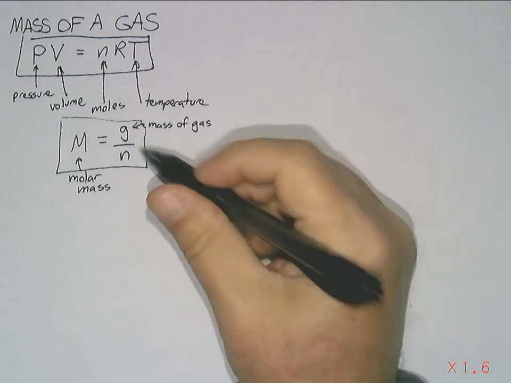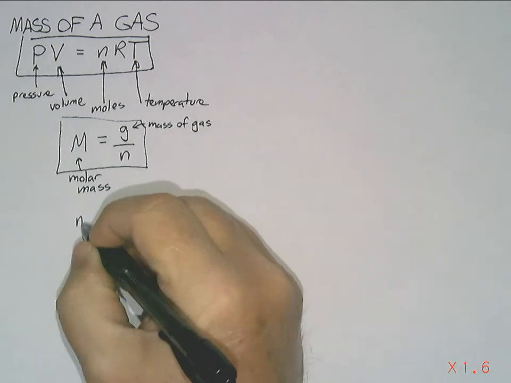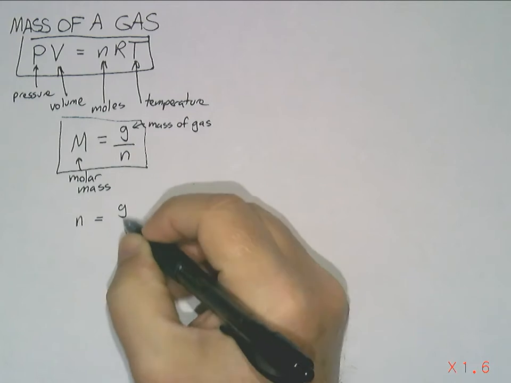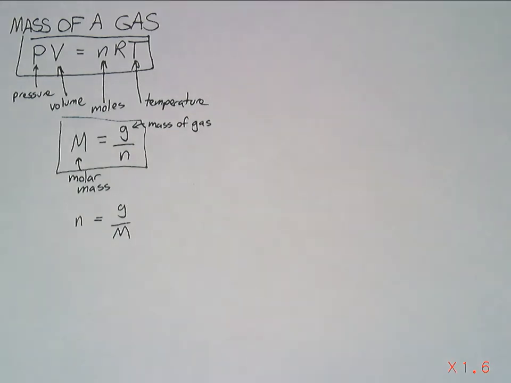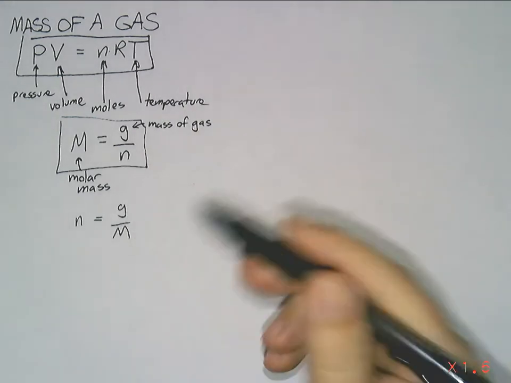How do I do it? Well, if I solve this equation for moles, it looks like this. So let's take the N there and plug this in instead.